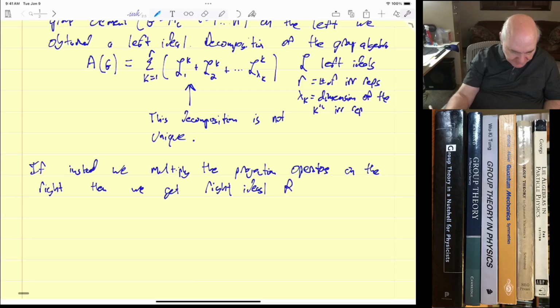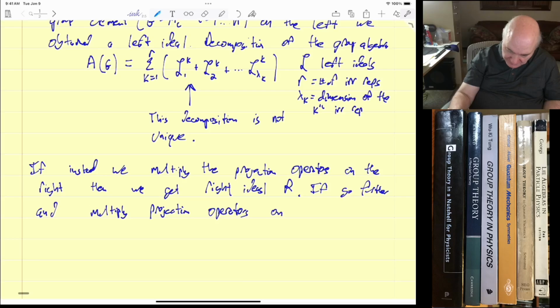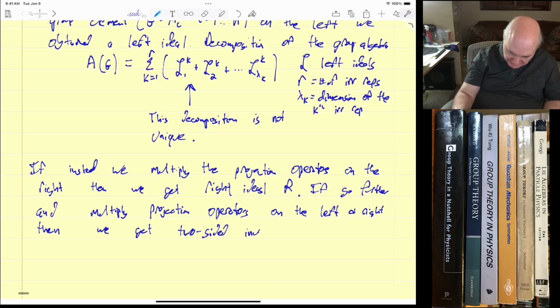Let's call them R. And if we go further, and multiply projection operators on the left and right, then we get two-sided invariant ideals.